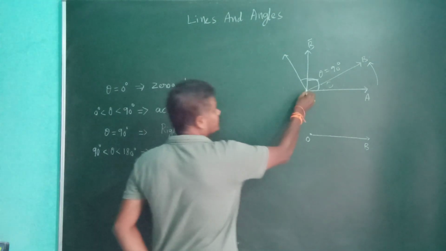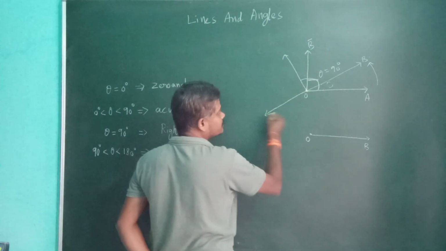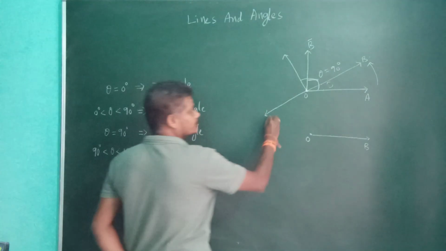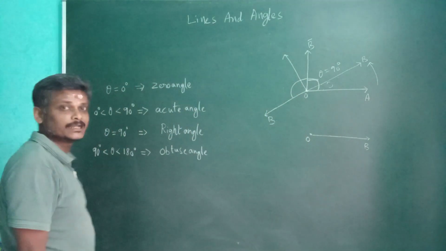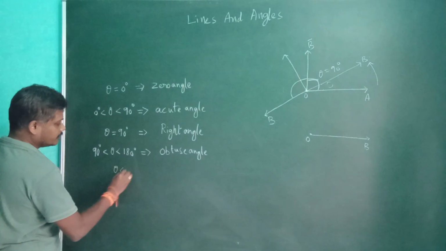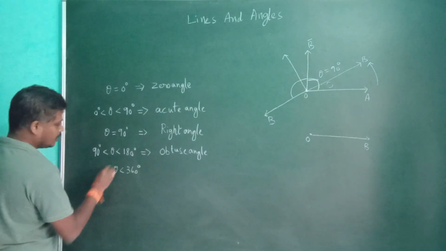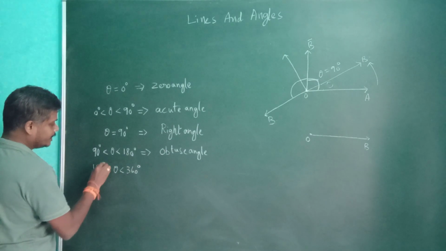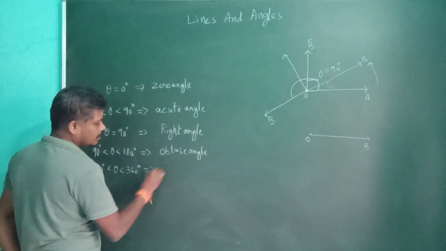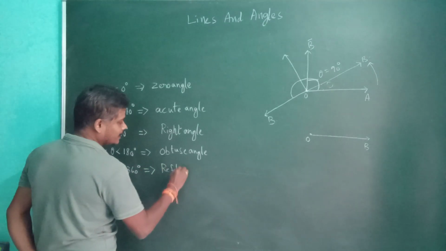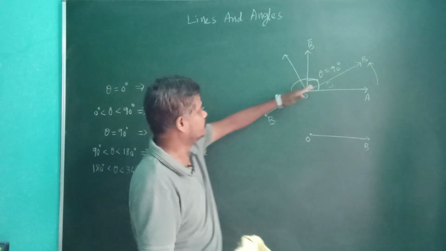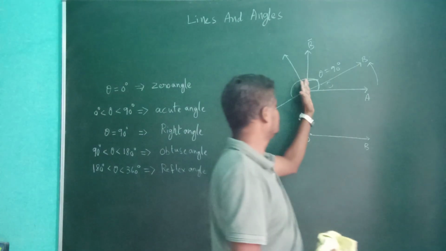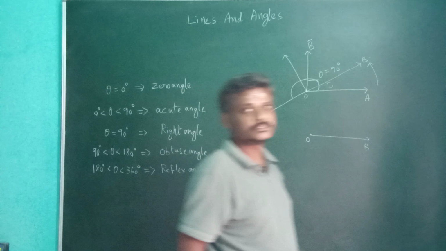If I further rotate it such that the angle theta lies between 180 degree and 360 degree, it is called reflex angle. This may be greater than 180 but less than 360.